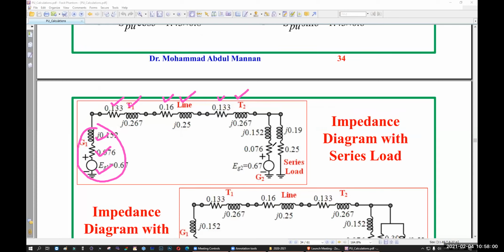Done. Then you have another generator, right? So one voltage, one resistance, and one impedance. Then you have a load, right? And this load is a series load. Series load means your resistance and your reactance will be in series. Got my point? In series. Okay, now good.